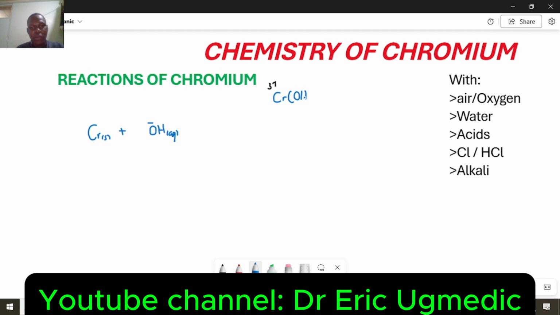This is what we call a chromite. If you try to calculate the oxidation state, you will see that chromium will be in oxidation state 3.